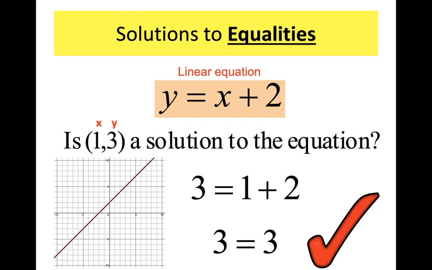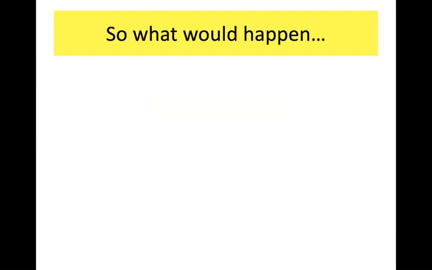Put a couple dots, connect the dots, and there's that red line right there. The solution to the linear equation is the red line. That is all the solutions. Remember, there's an infinite number of solutions to this equation, and (1, 3) is one of those. So I'm circling where (1, 3) is; that's not the actual point.